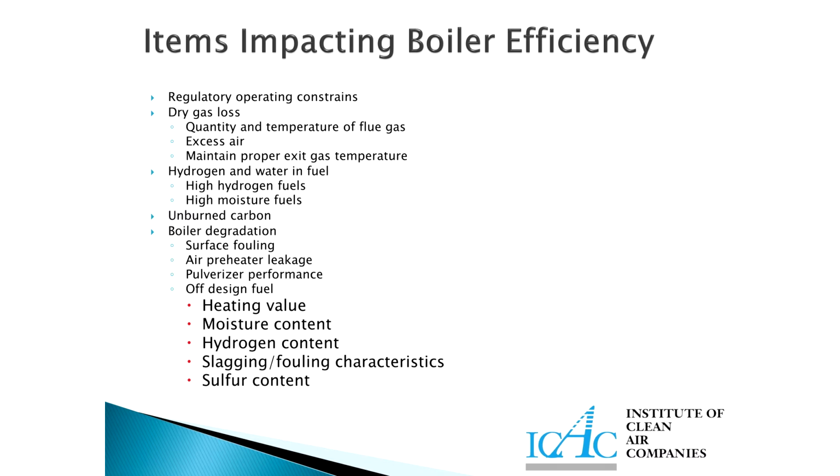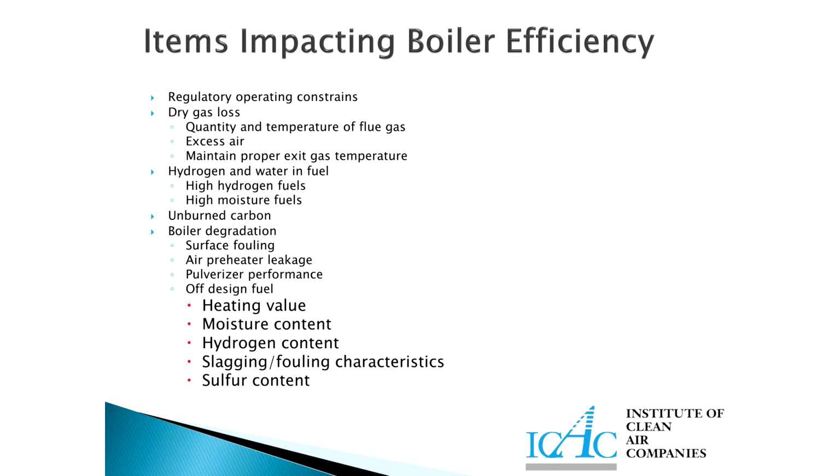Boiler degradation is another problem. As the boilers operate, you will get a lot of junk on their surfaces, and sometimes that junk is difficult to get off, and it insulates the surface, and therefore you have to fire more fuel because you control to the steam temperatures and steam pressures that you're supposed to control.